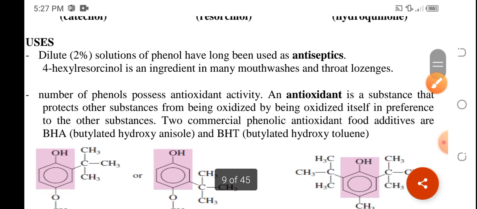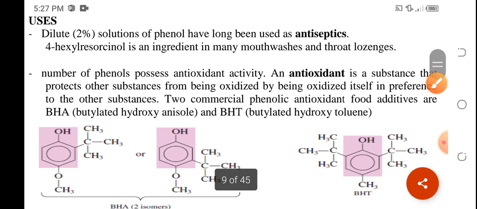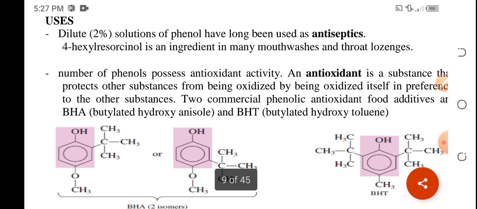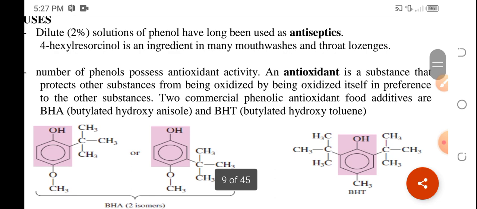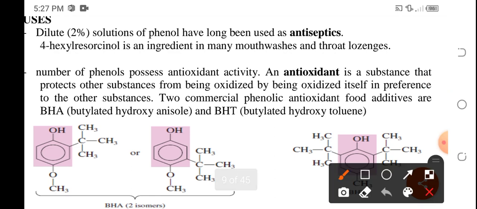When we say antioxidant, it does not mean that they resist oxidation. Rather, they are the ones easily being oxidized in order to protect the substance. If you apply an antioxidant in a particular substance, that antioxidant is being oxidized so that it could protect the other substances to which it was applied.